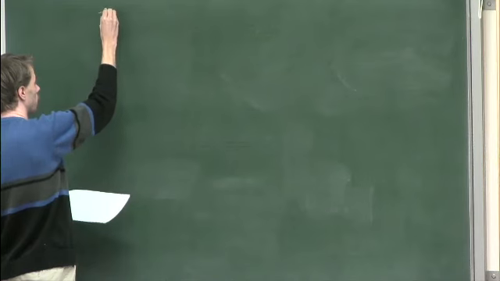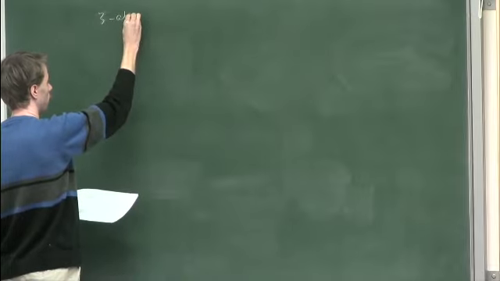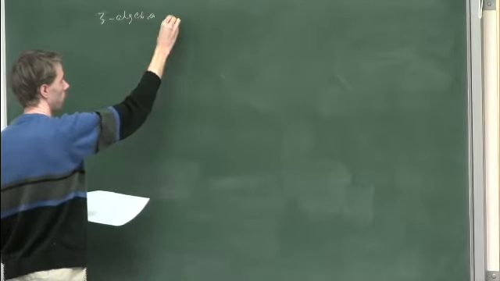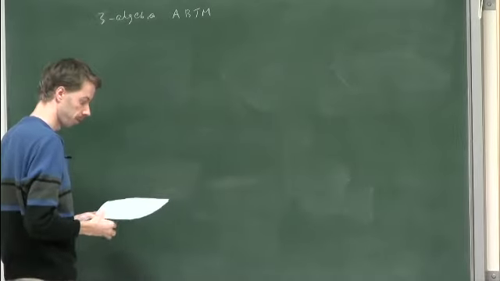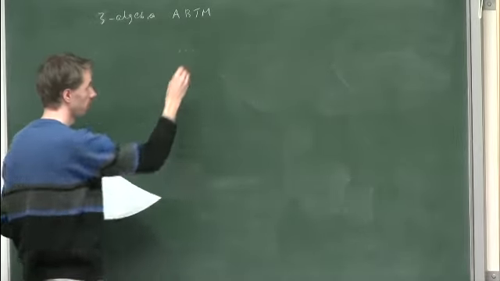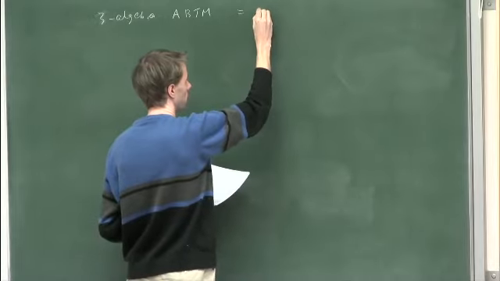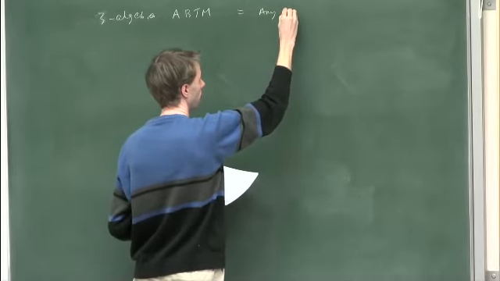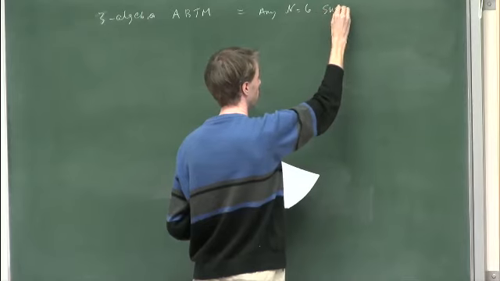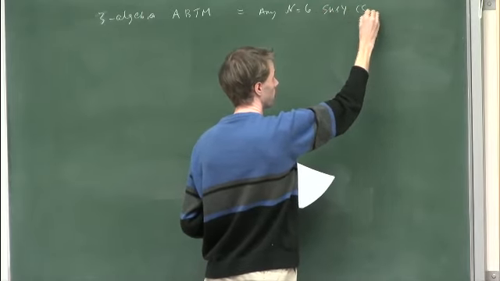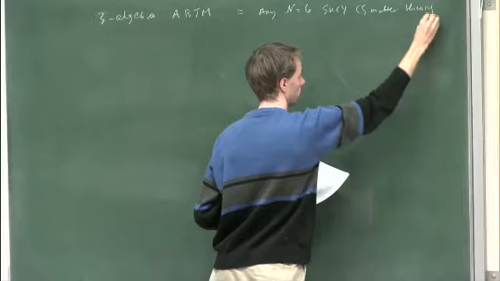And I will use three-algebra notation, so I call it three-algebra ABJM, by which I mean N equal to 6 supersymmetric Chern-Simons matter theory.